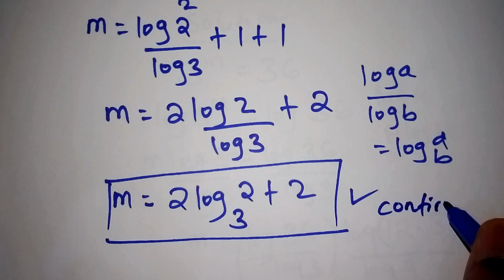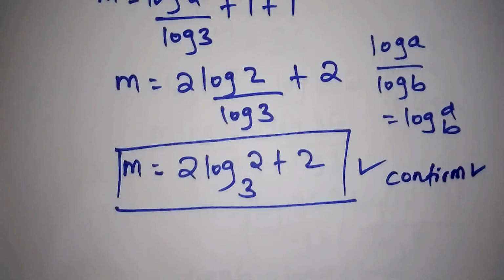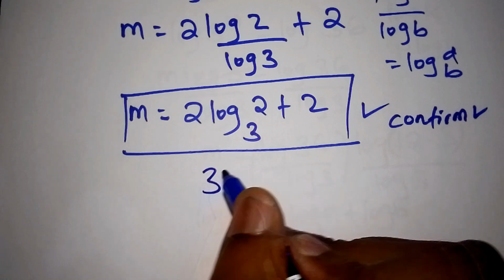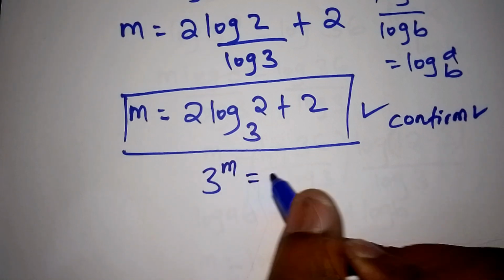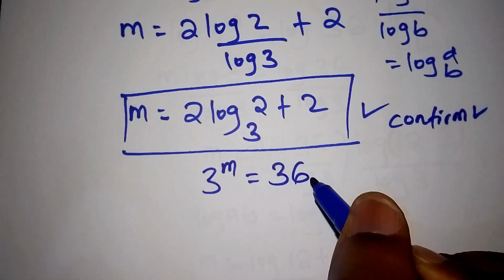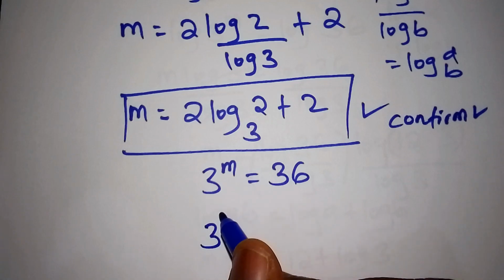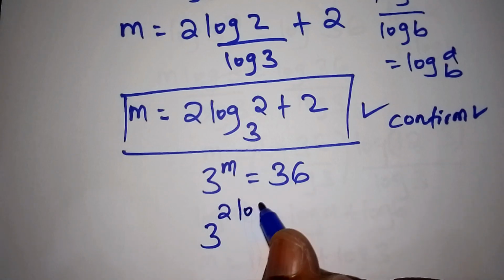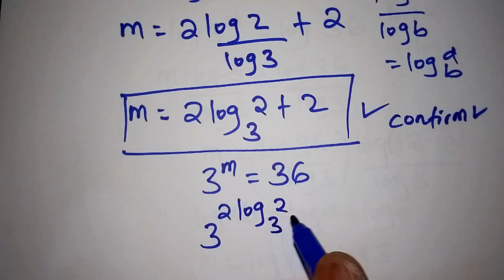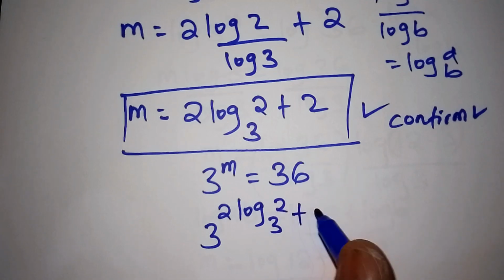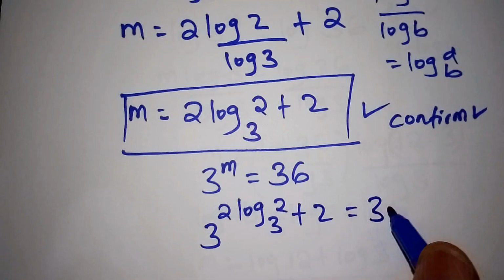So let's now confirm if this answer is really true. We had 3 to the power of m is equals to 36. Where there is m, we shall say 3 to the power of 2, the log of 2 to the base of 3, plus 2 is equals to 36.